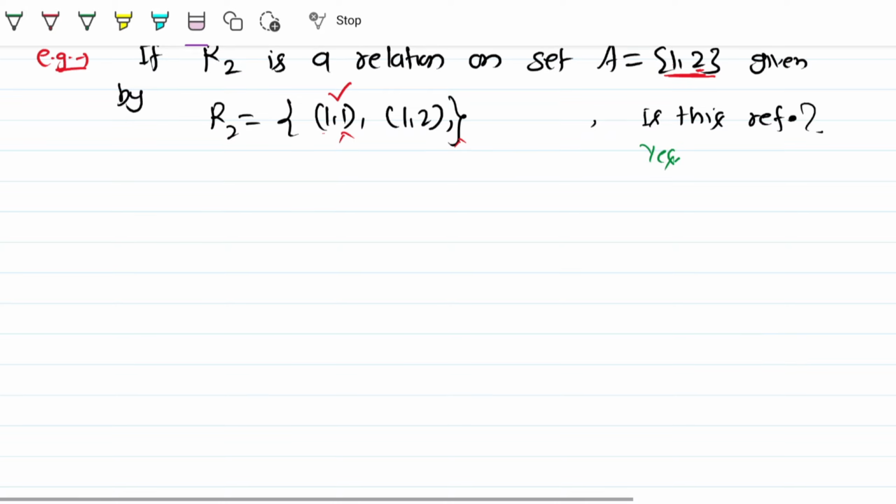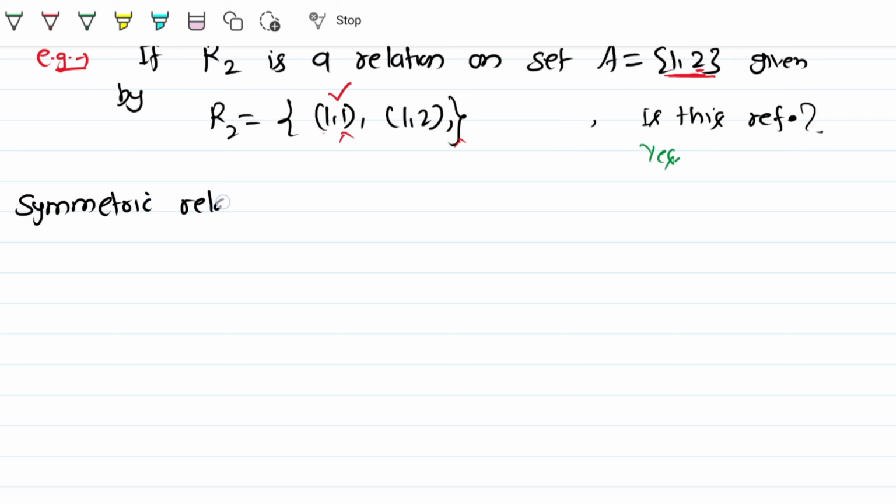Next, symmetric relation. Okay, what is a symmetric relation?